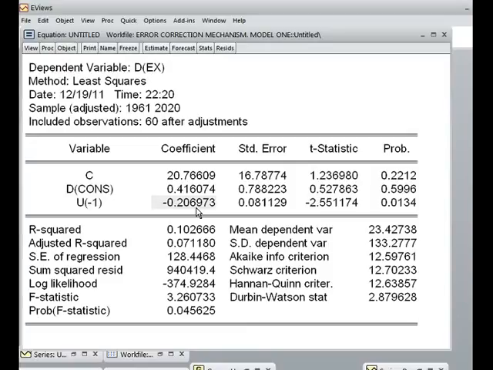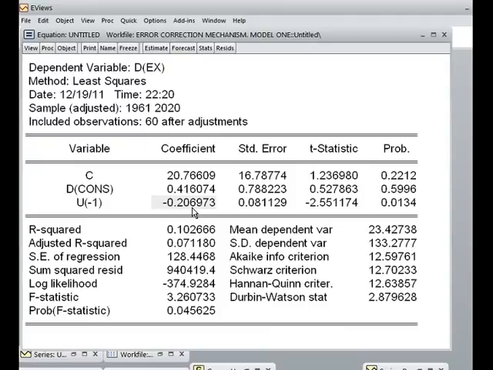That is her task. That is her job. Okay, here the speed at which she is correcting disequilibrium is 20.69% annually.